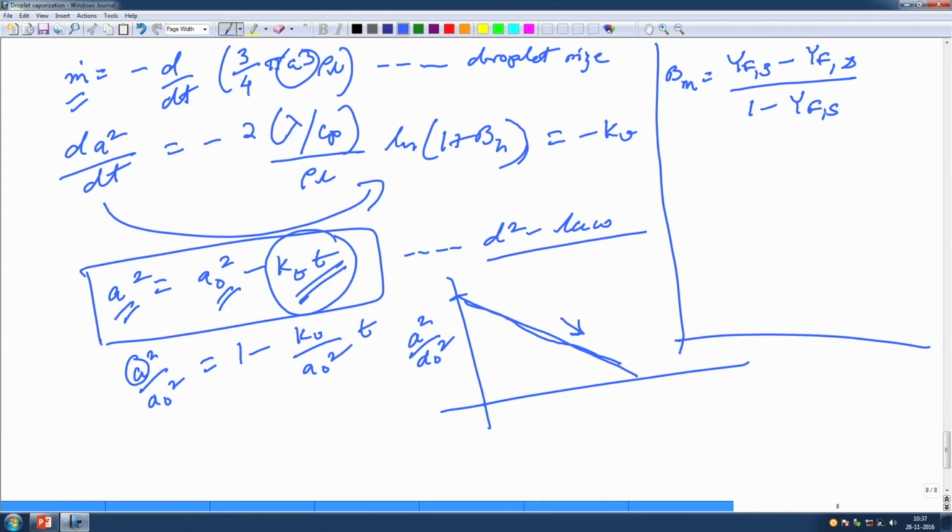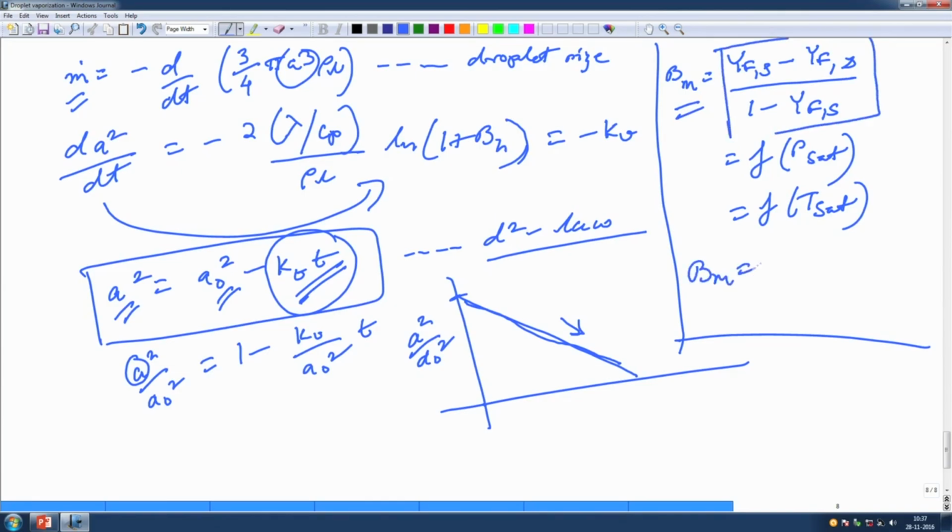As you know, this is a function of the saturation pressure P, which in turn is a function of the saturation temperature T, because P saturation and T saturation are related to each other. So, the Spalding mass transfer number is given in terms of this.